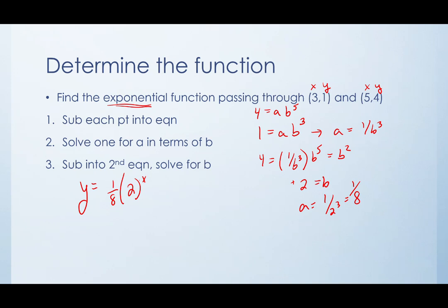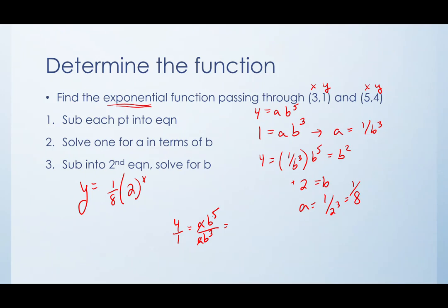Now, so that's your usual substitution method. The other option is to do what we did on the first screen, which is to simply take a ratio. This just bypasses solving for A in terms of B and plugging in, because we're going to cancel the A's.